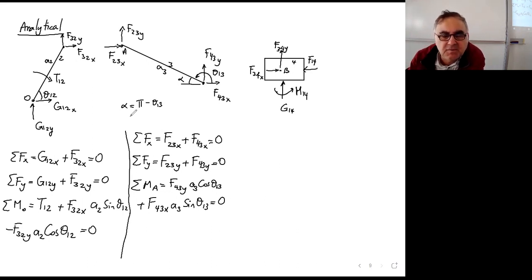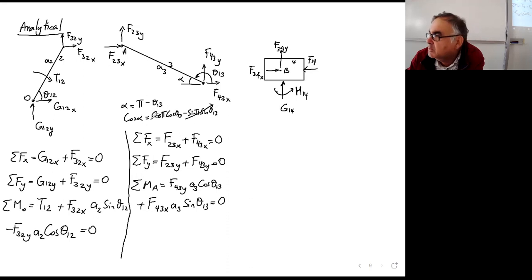So cosine alpha would be, you can just find it out. It's not that difficult. Cosine pi cosine theta 13 minus sine pi sine theta 13. Sine pi would be 0, right? So this would be done.